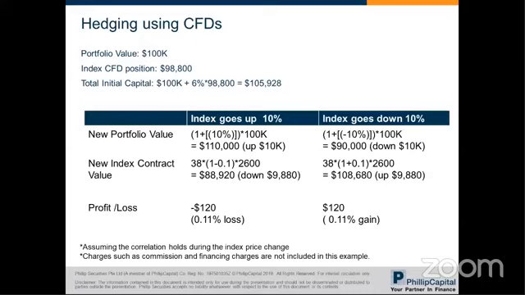It actually rose about 10%, which means for 100K, it moved to 110K. Then your corresponding index contract, because you took a short position, goes down by 10%. So your new CFD position right now is valued at close to 89K as compared to the initial position of 98.8K.